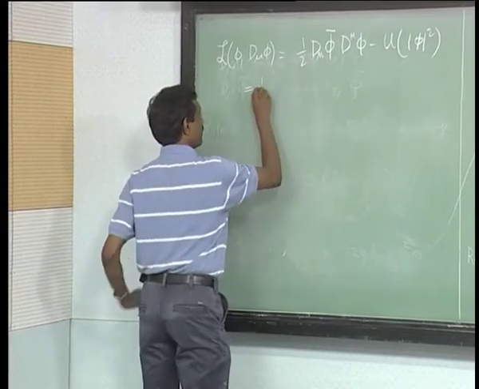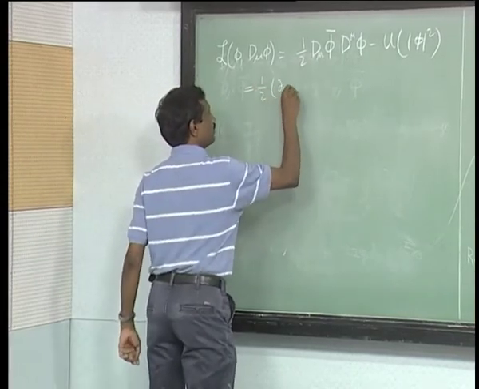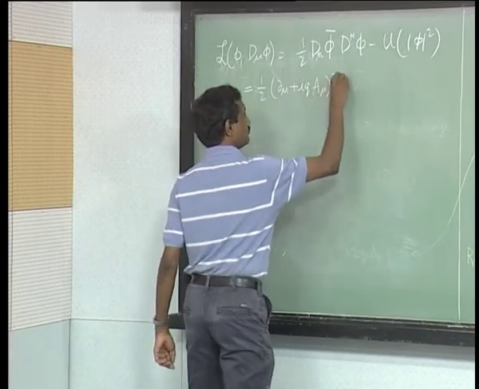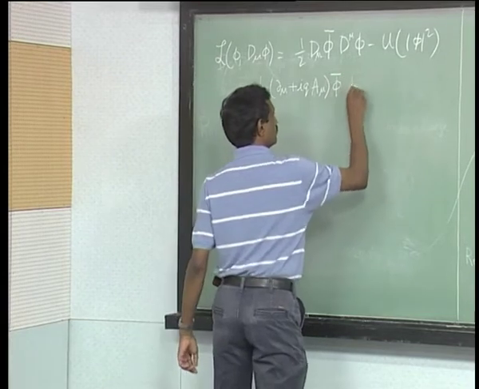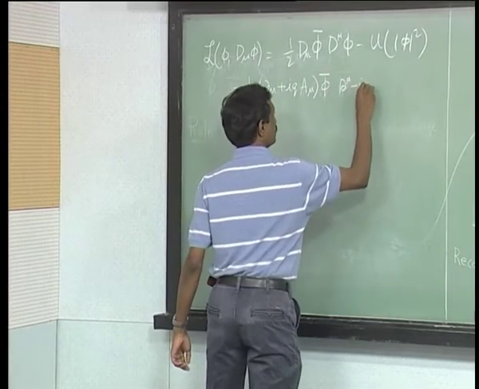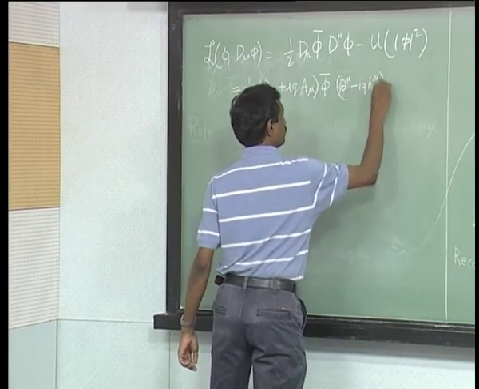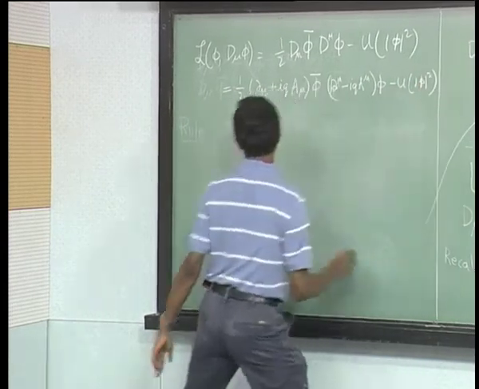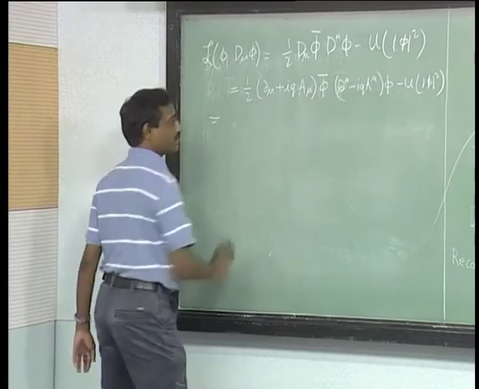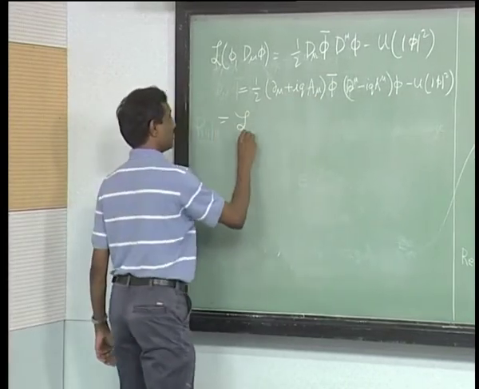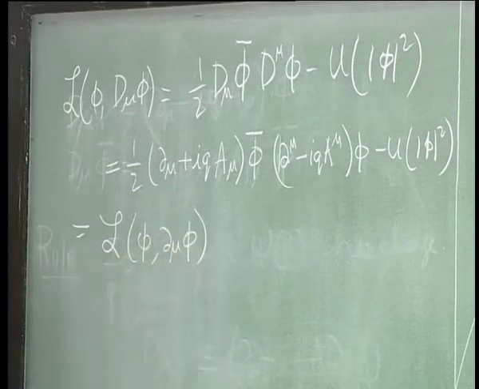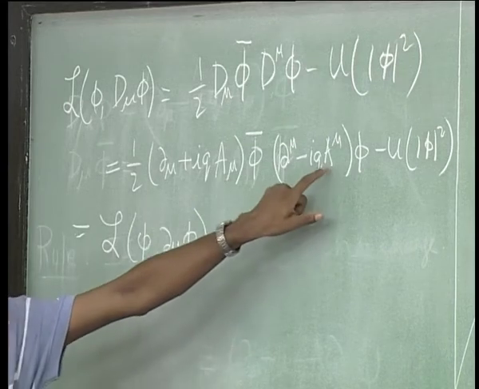So, we just expand, we write this out. First step is to set a mu to 0, and that is just L naught phi. The linear piece has two pieces, one from this term and the other from here.